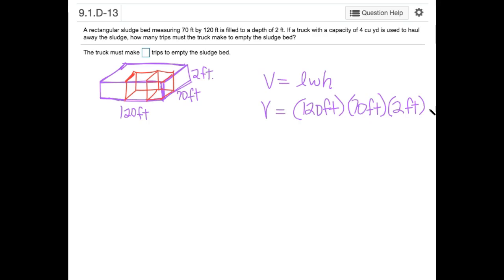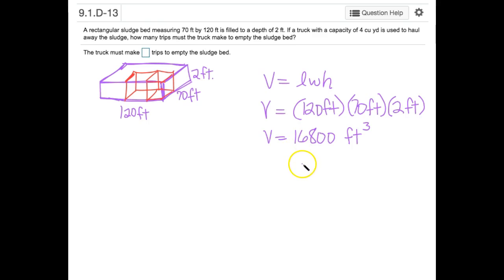So I'm going to multiply 120, 70, and 2. But the units, feet times feet times feet, are cubic feet. That's a good way to verify that you are doing it correctly. At least one indicator is that you should be getting a cubic amount because we're looking for volume.